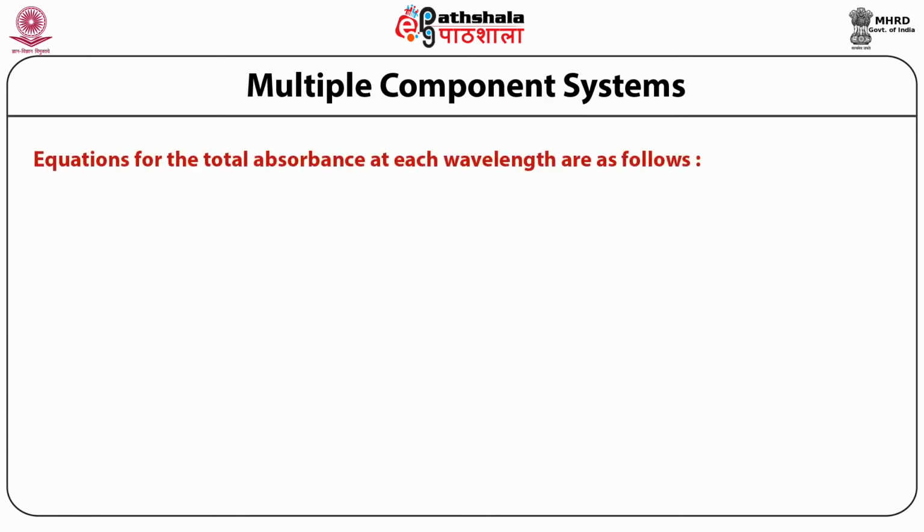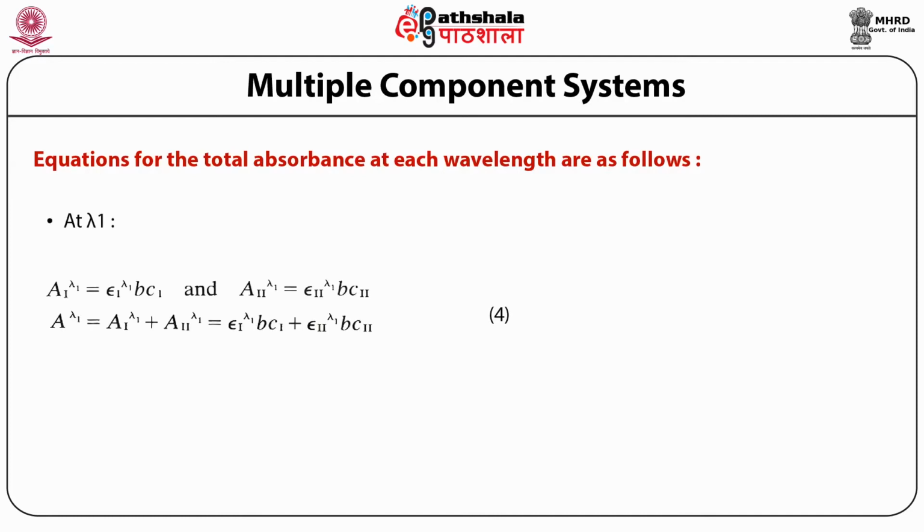Equations for the total absorbance at each wavelength are as follows. These equations represent lambda 1 for species 1 with concentration C1, and for species 2 with concentration C2. The equations can be seen in equation 4.